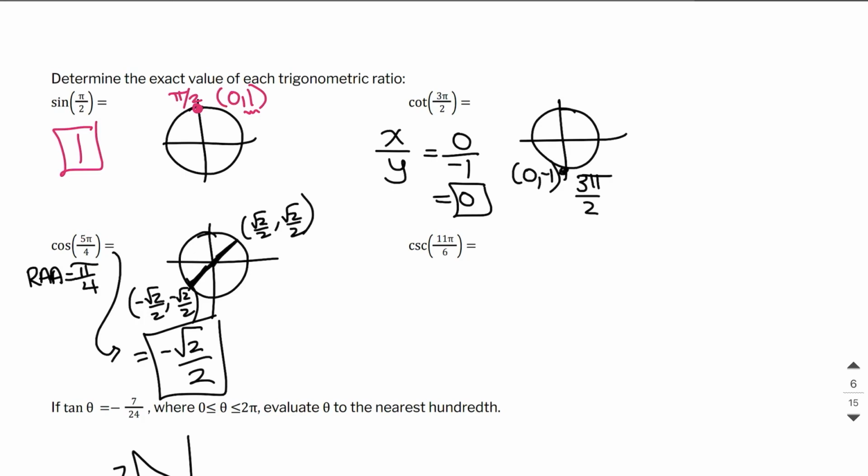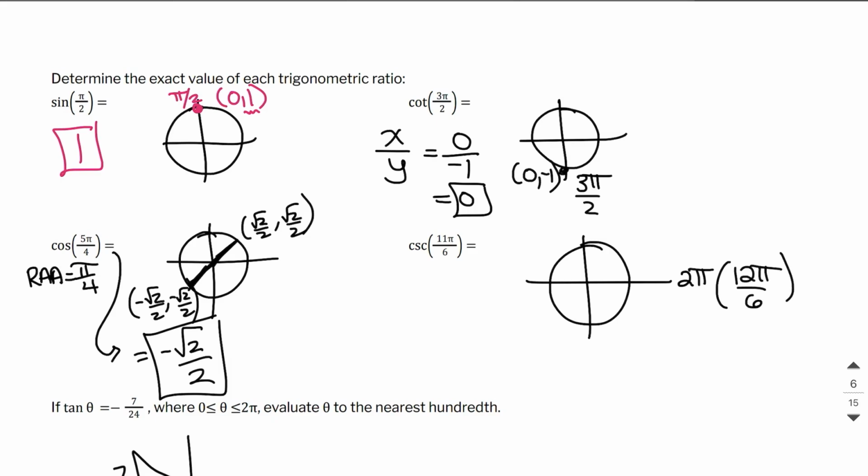Okay, and then cosecant of 11 pi over 6. So here's 2 pi, which out of 6 is going to be 12 pi over 6. So 11 pi over 6 is only 1 pi over 6 away from 12 pi over 6. So here our reference angle is pi over 6.